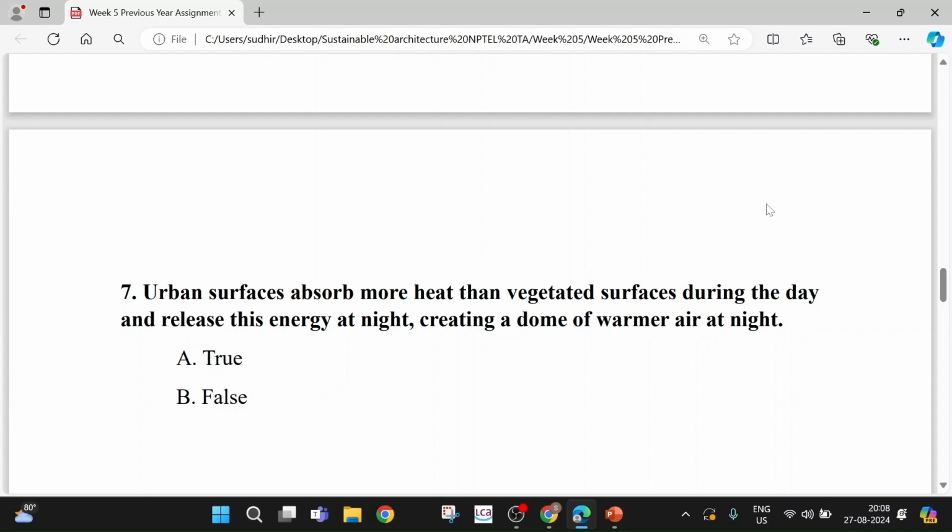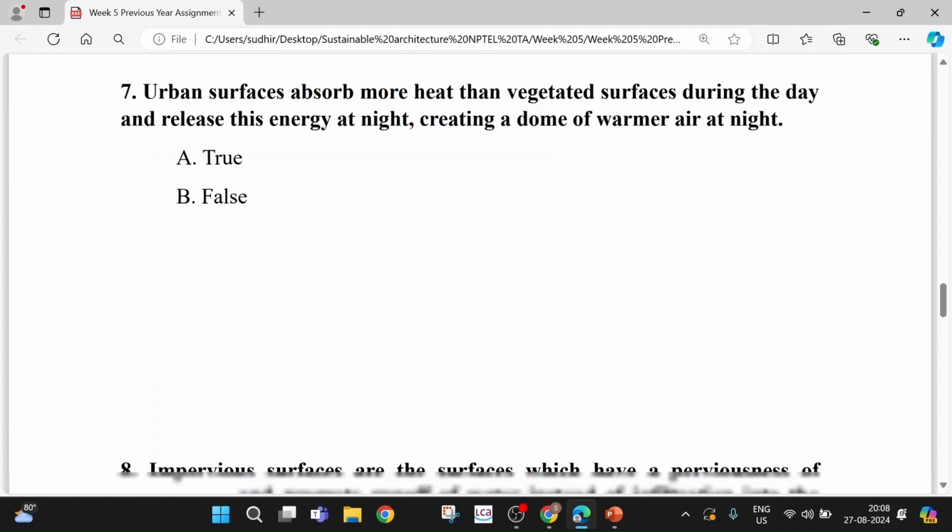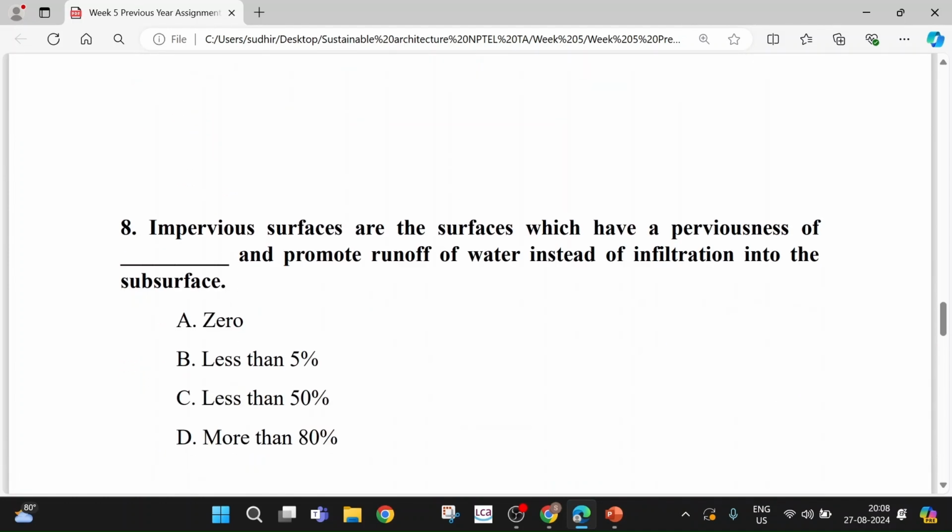So it is clear to all of you? Yes, sir. Okay, then let's move to the next question, question number 8. Impervious surfaces are the surfaces which have a perviousness of dash. It is a fill in the blanks type question, and they promote runoff of water instead of infiltration into the surfaces.